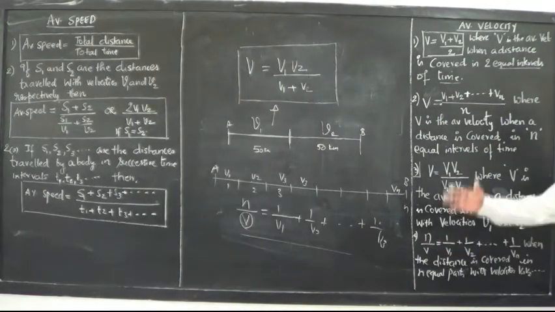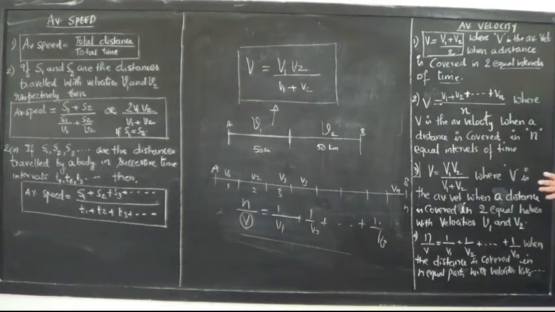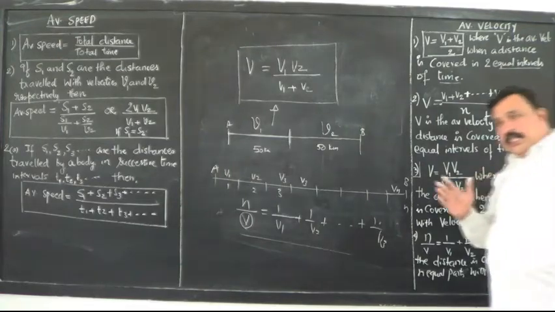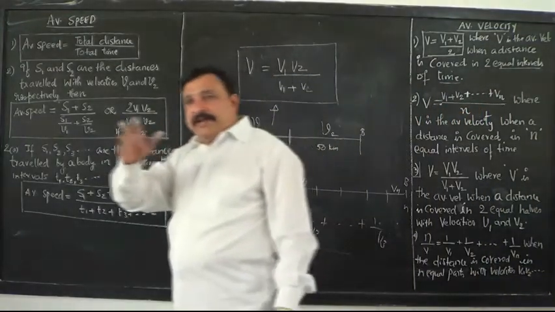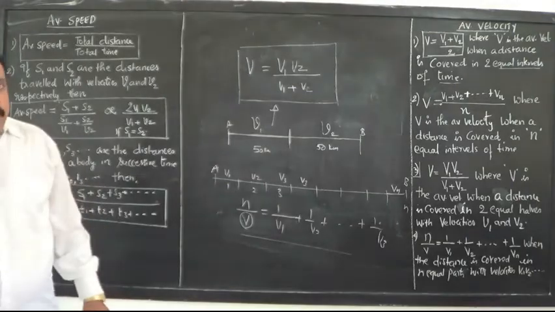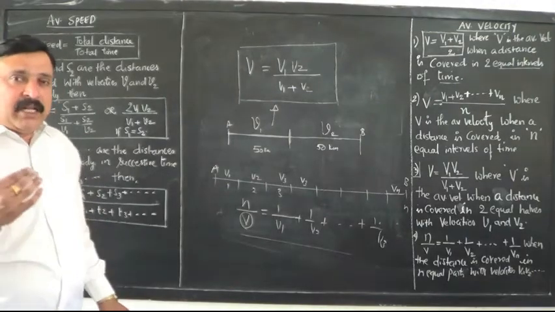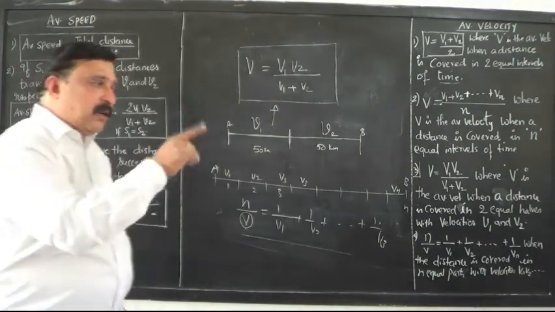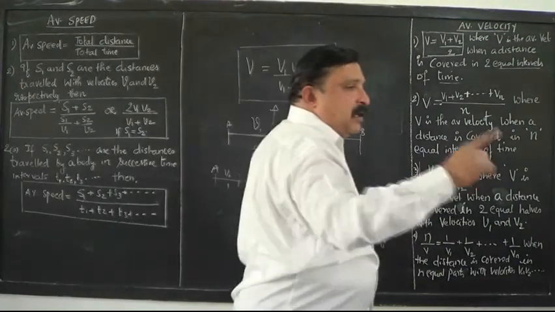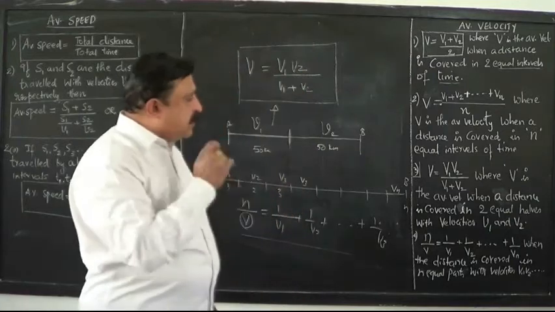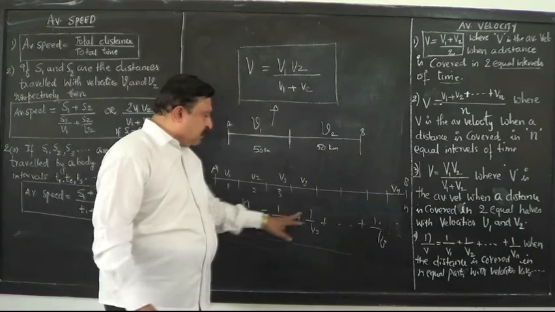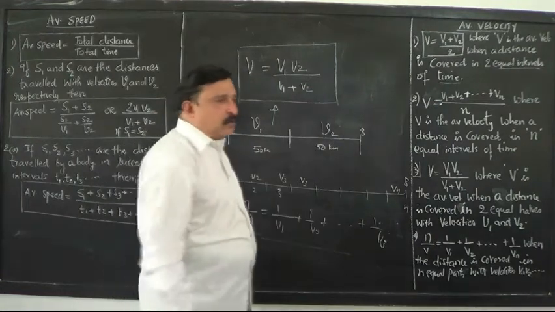And lastly, if the entire stretch of journey is divided into n such parts, and each of these parts is covered with velocities v1, v2, v3, then the average velocity of the body is given by the formula n over v equals 1 over v1 plus 1 over v2 plus 1 over v3 and so on, where n indicates the number of such parts of the journey.